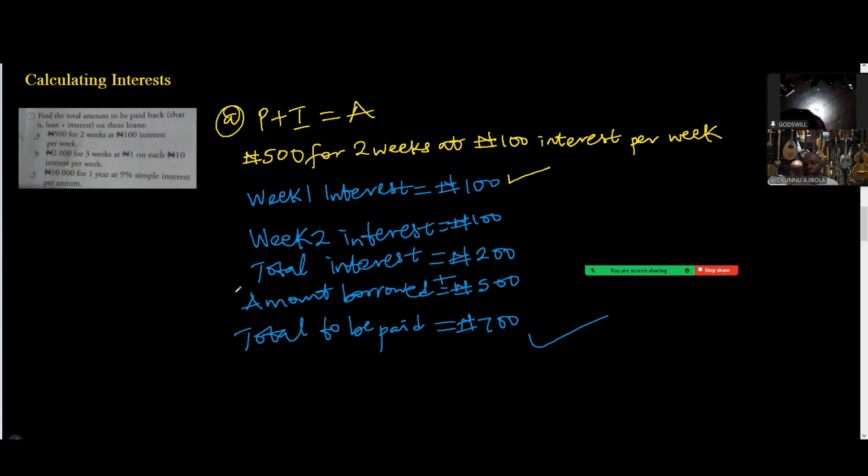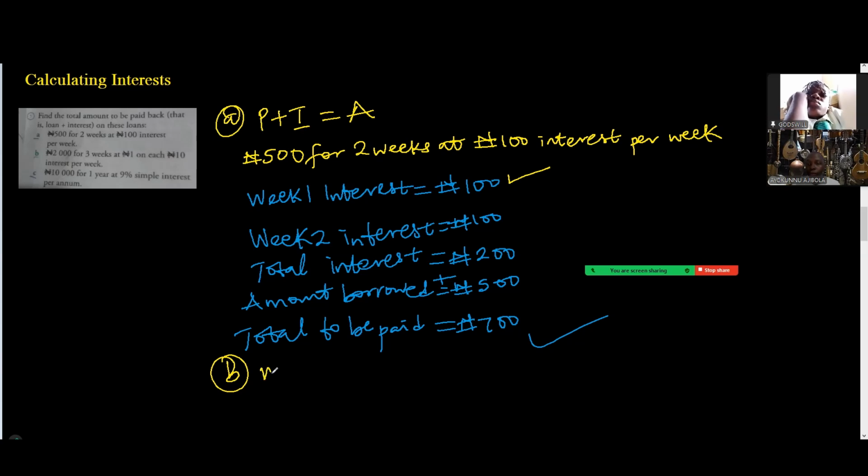Now, for the second part of that question, question B, it says 2,000 naira for 3 weeks at 1 naira on each 10 naira interest per week. Okay, we need to know the amount of the interest for 1 week.